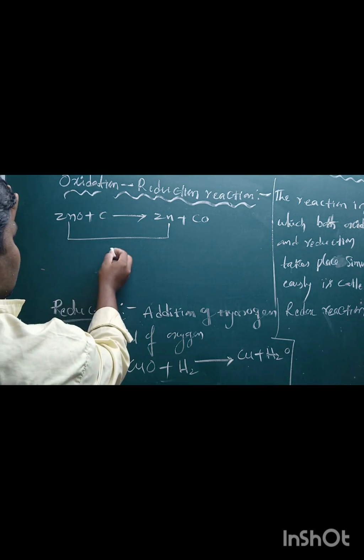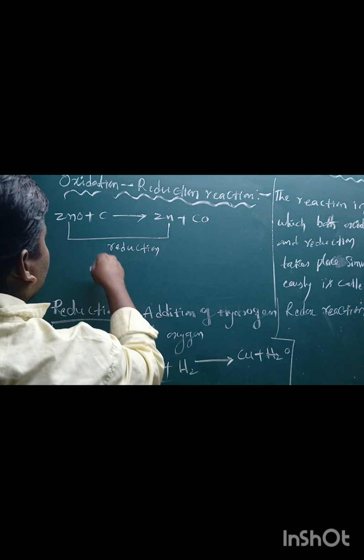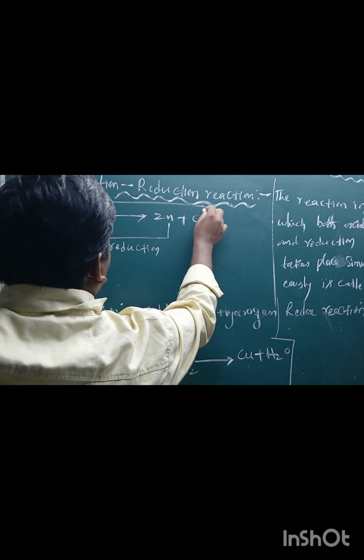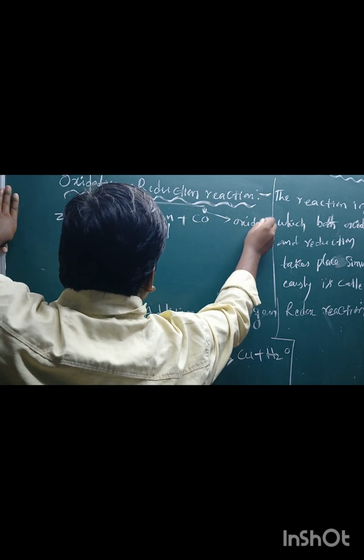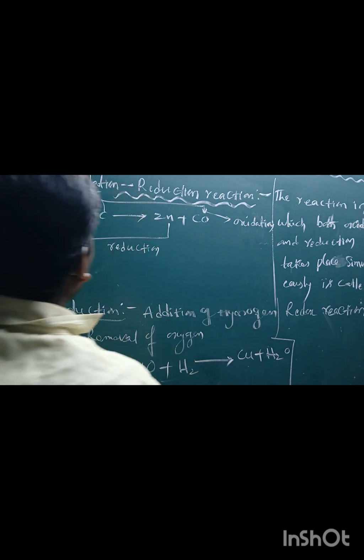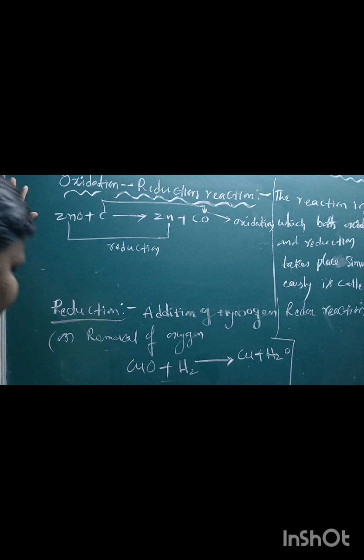Loss of oxygen is called reduction. C is converted into CO, gain of oxygen is called oxidation. The reaction in which both oxidation and reduction take place.